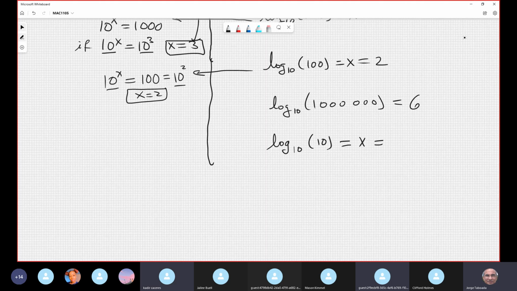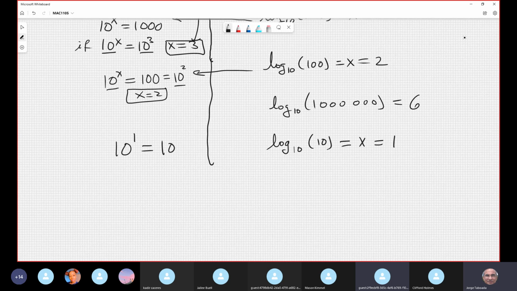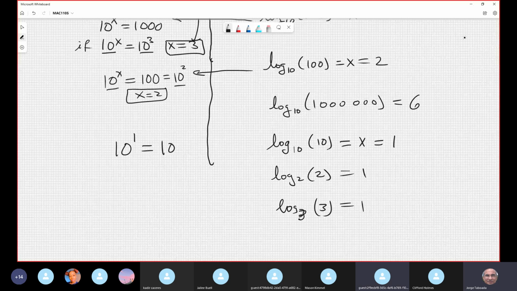Because 10 to the first power is 10. Exactly. This is the exponent I am looking for. And this situation always happens. Suppose you have logarithm base 2 of 2. It's 1. Logarithm base 3 of 3 is 1. So when the number in the base coincides with the number inside the argument, the answer is 1. It's obvious.